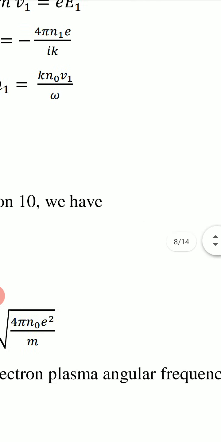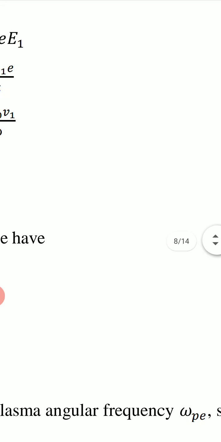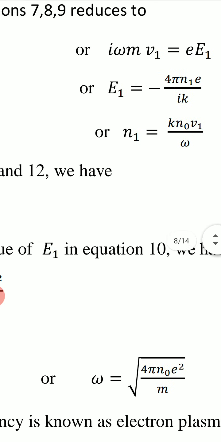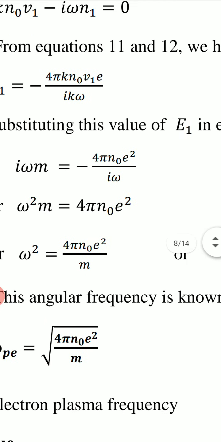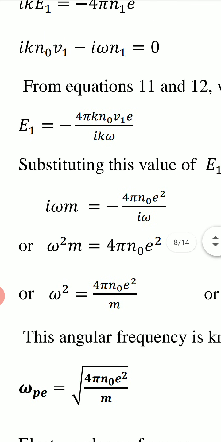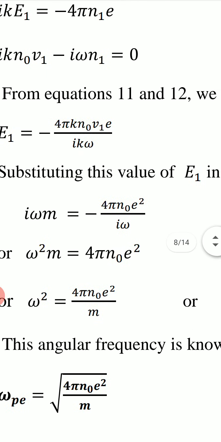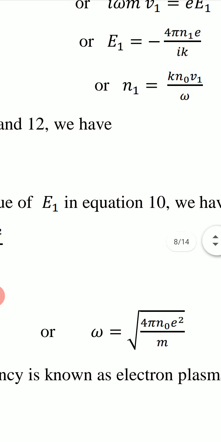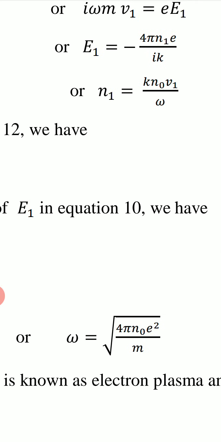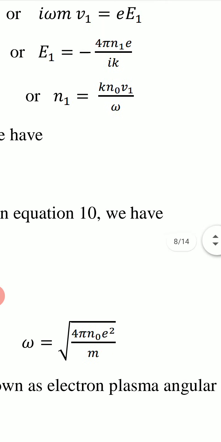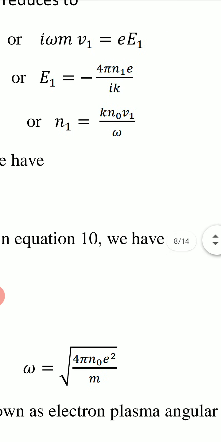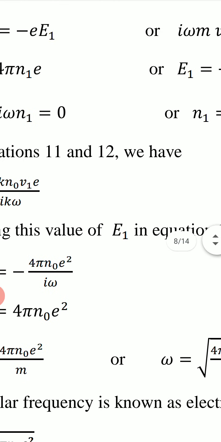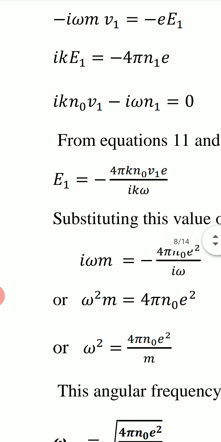So from equations 11 and 12 we get E1 equal to minus 4 pi k n0 v1 e upon i k omega.